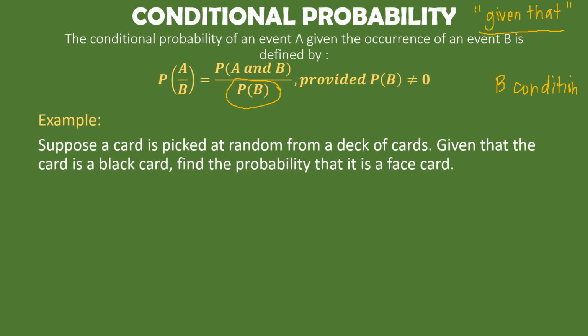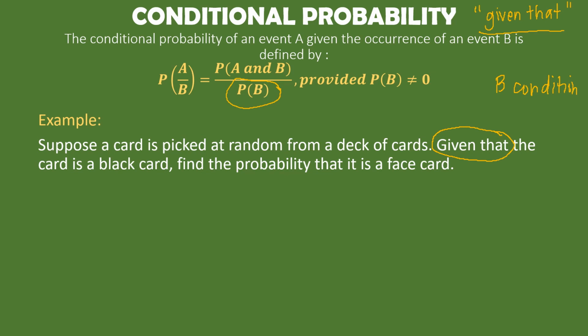So let's apply that in this example. Suppose a card is picked at random from a deck of cards. Given that the card is a black card, find the probability that it is a face card. So to answer this, let's first identify if we have that clue word for conditional probability. I can see here, I'll encircle, there is this given that.